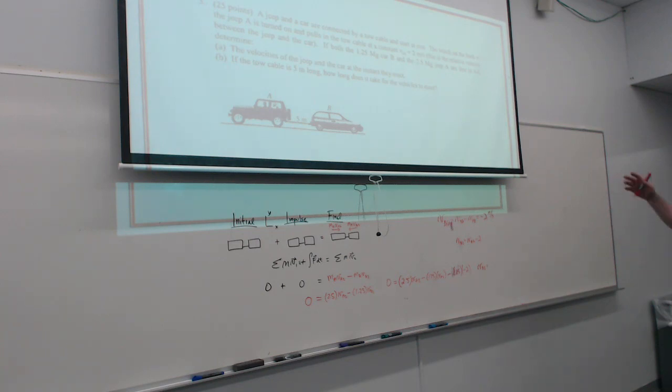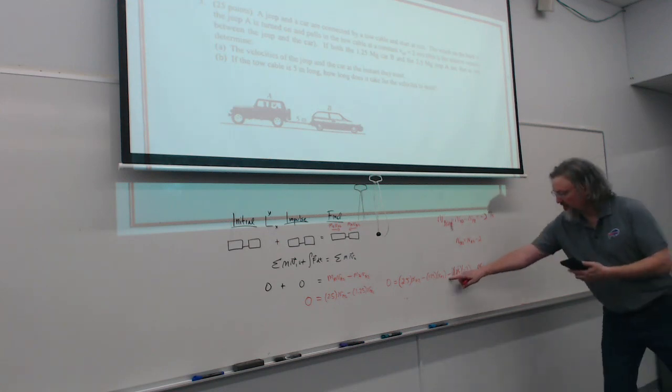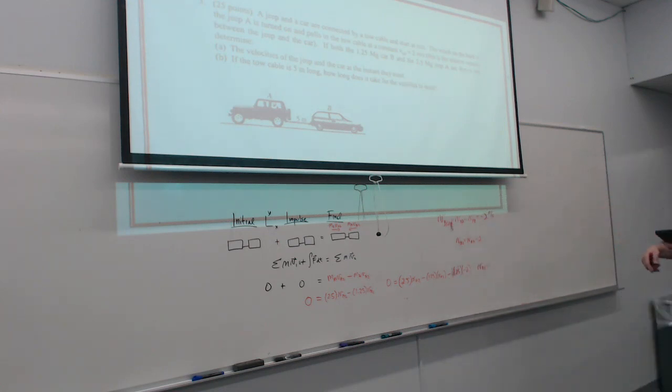And bring it on to the other side. It's going to make it negative because there was a negative. So to bring it on to the other side, and now we're going to have 1.25 divided by that. I screwed it up.